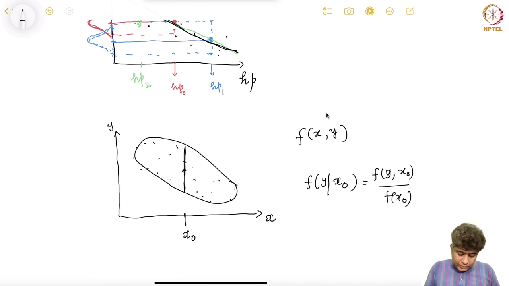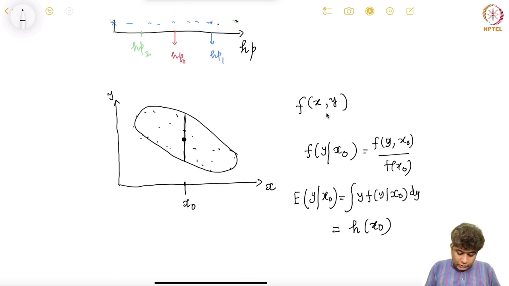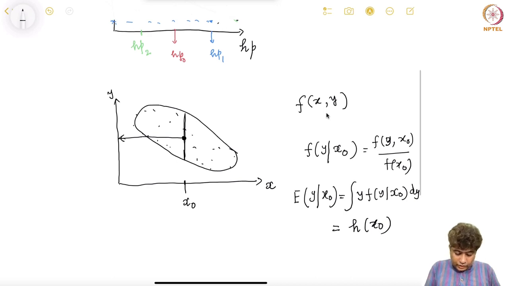And what would be the expected value of this? The expected value of y given x naught would be the integration of y f of y given x naught d of y. Now this will definitely be some function of x naught.